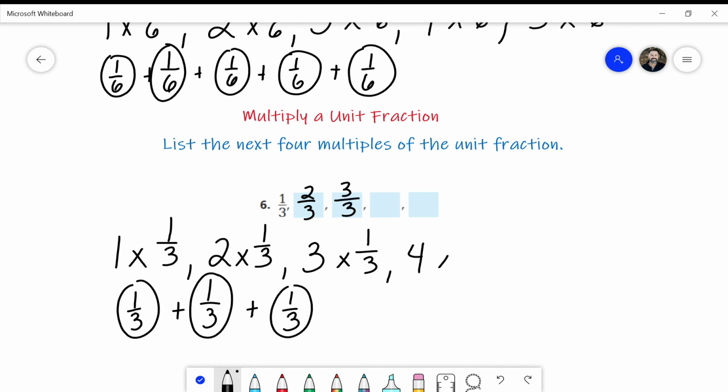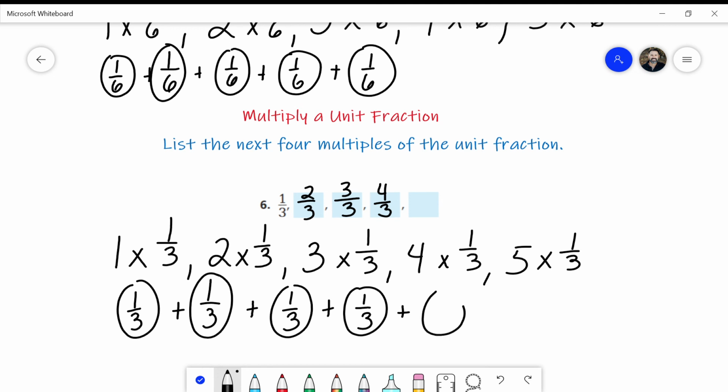Then 4 times 1/3 is 4 groups of 1/3. So then that's 4/3. And then one more time, if I have 5 groups of 1/3, which is 5 times 1/3, 5 groups with 1/3 in it, which would be then 5/3.